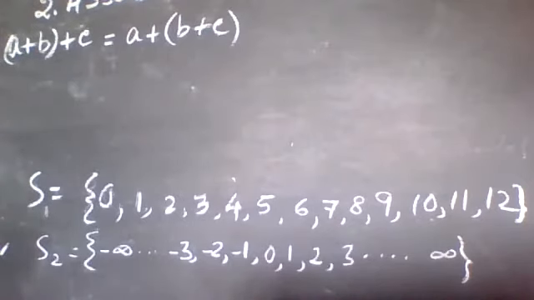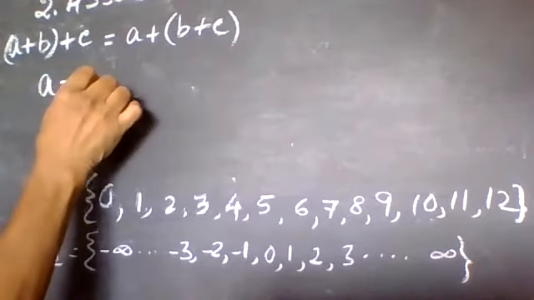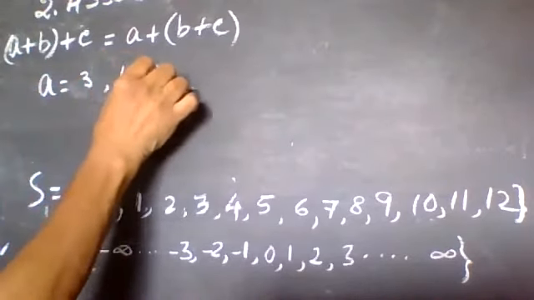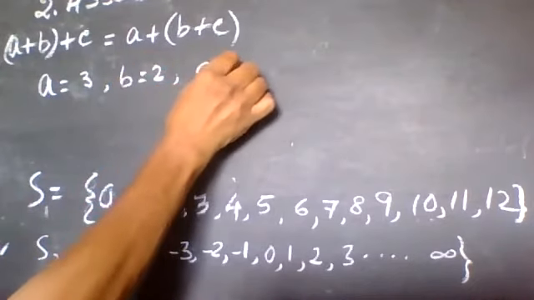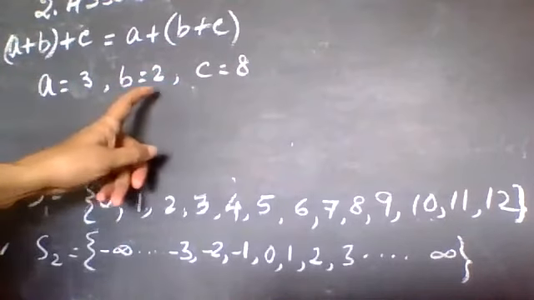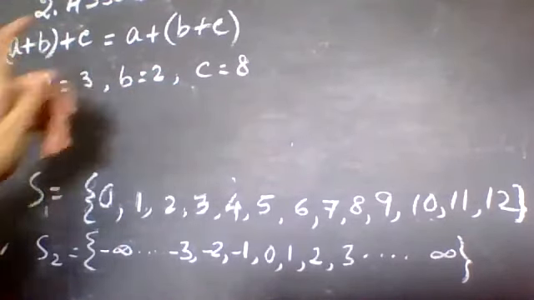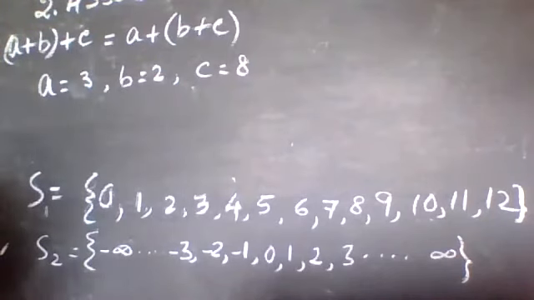Now, if I go by my clock example, say A equals 3, B equals 2, and C equals 8, then what is the value for A plus B? It means 5. What is the value for 5 plus 8? It means 1; 13 means 1.